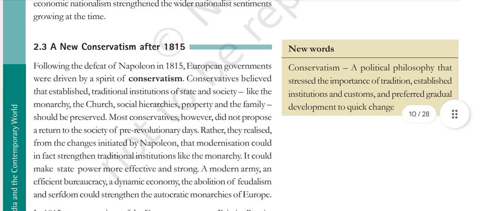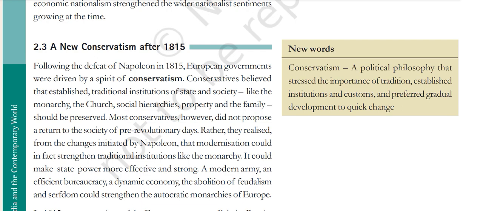A new conservatism after 1815. Following the defeat of Napoleon in 1815, European governments were driven by a spirit of conservatism. Conservatives believed that established traditional institutions of state and society, like the monarchy, the church, social hierarchies, property, and the family, should be preserved.